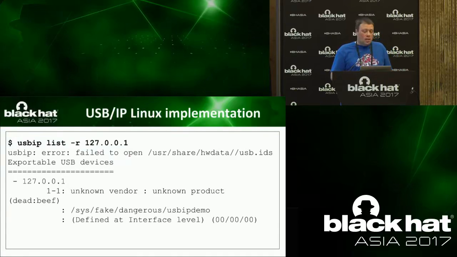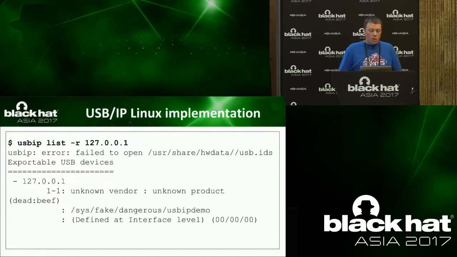So you just send the list command and the IP address of the server or the host name. In this example, we see that the server exports one USB device. You can see its properties: vendor ID and product ID, the physical device path, and some other useful information.